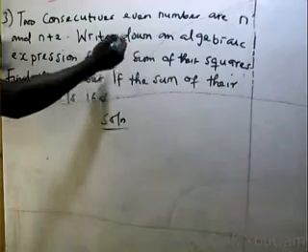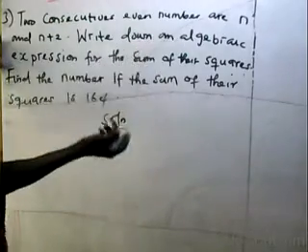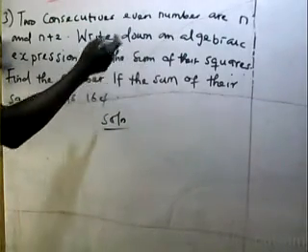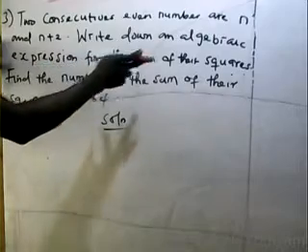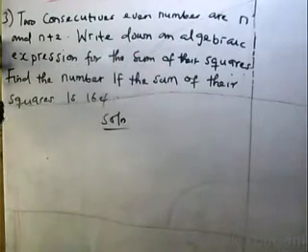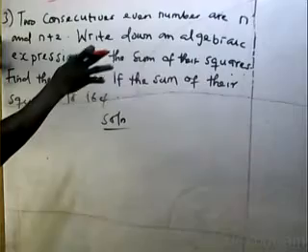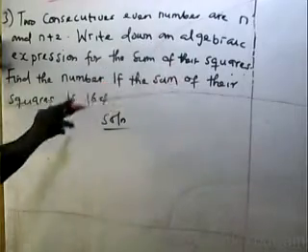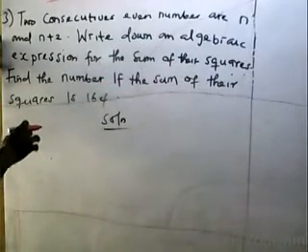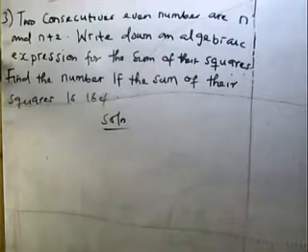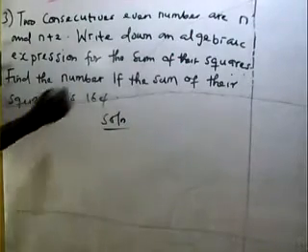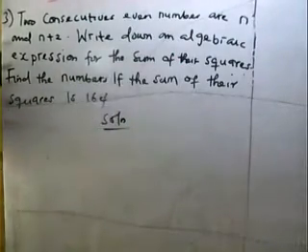The first one, they want us to write down the algebraic expression for the sum of their squares. Then after that, the sum of their squares is 164, we should find the numbers.